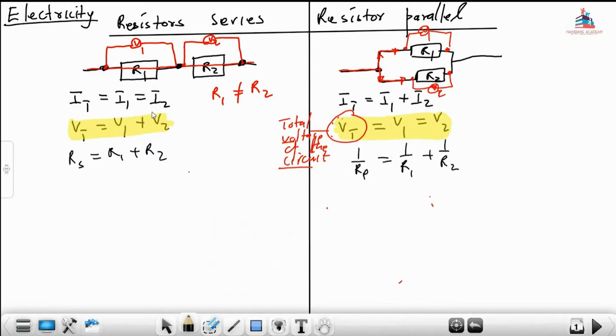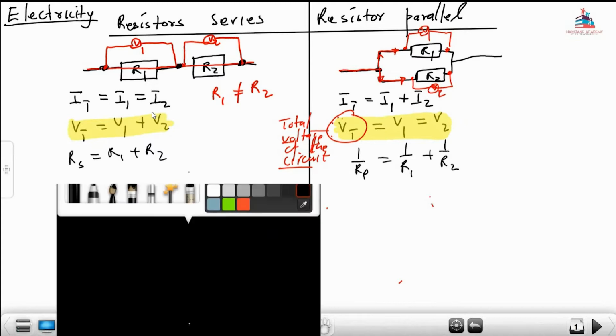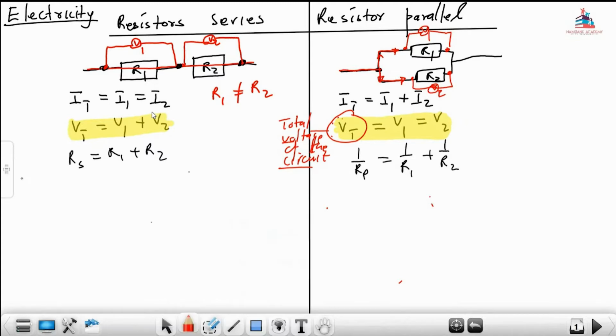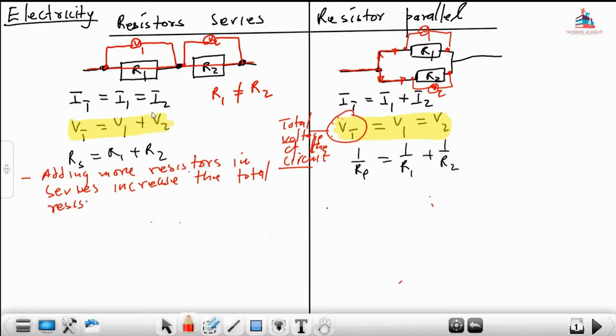I am going to have higher resistance. So, maybe I should write it down also: adding more resistors in series increases the total resistance of the circuit.